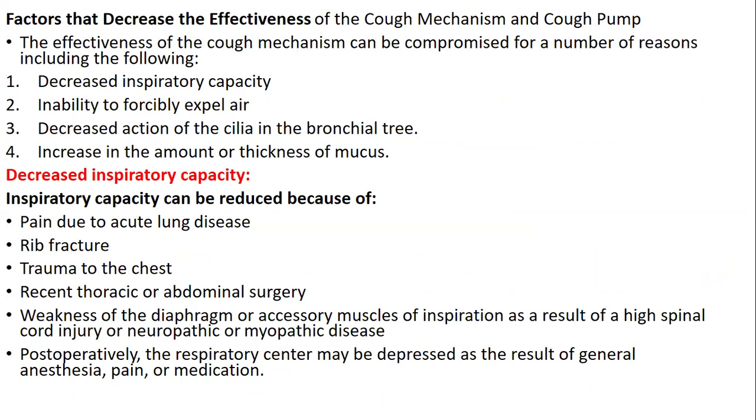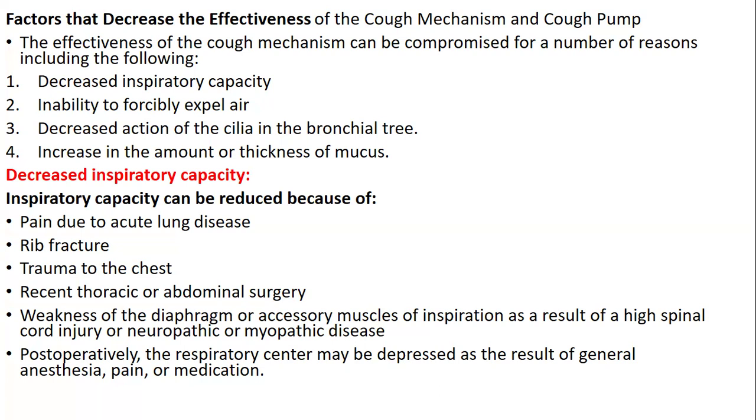But this coughing mechanism can be lost due to pathologies that affect the respiratory system, including COPDs, chronic obstructive pulmonary diseases, as well as restrictive conditions that we earlier talked about.